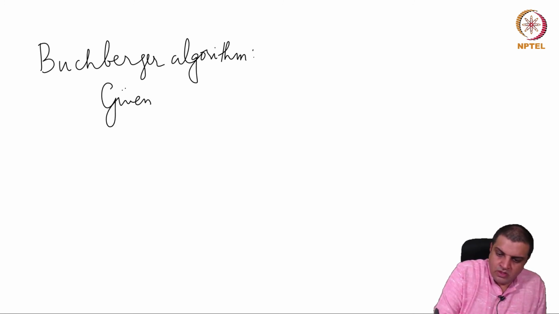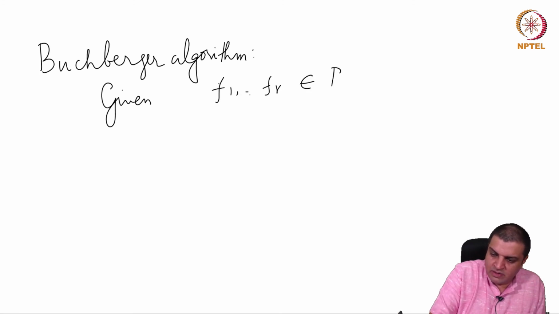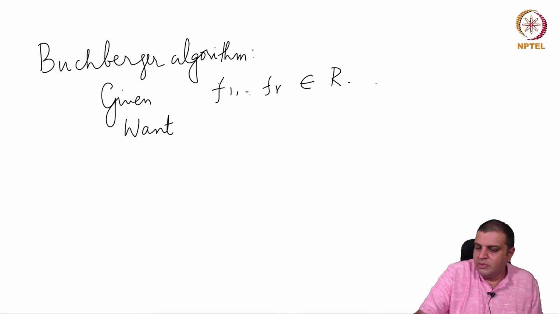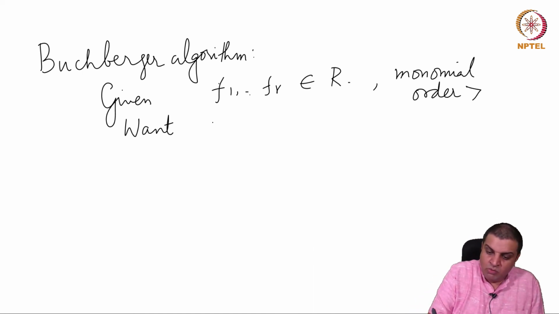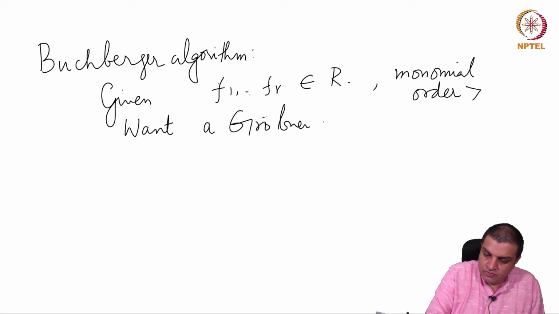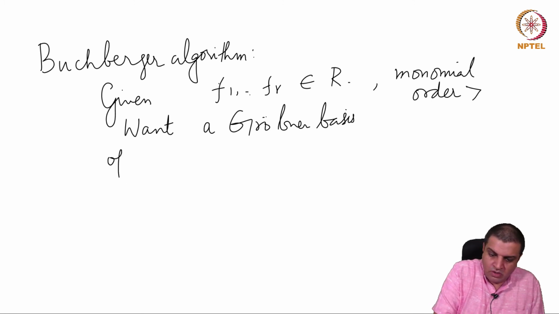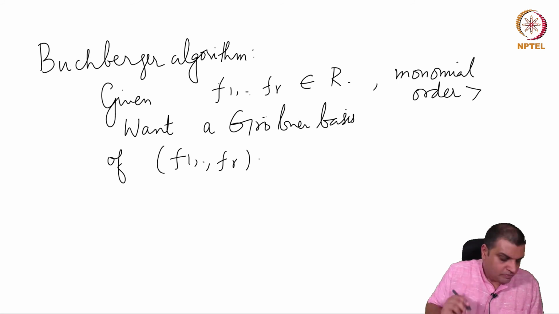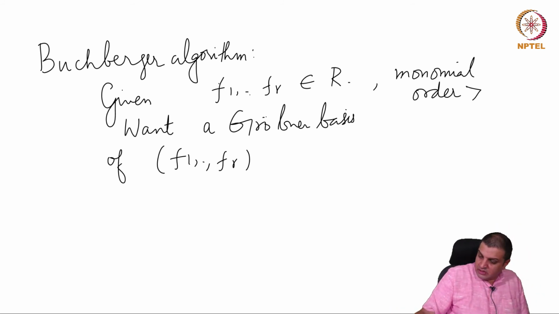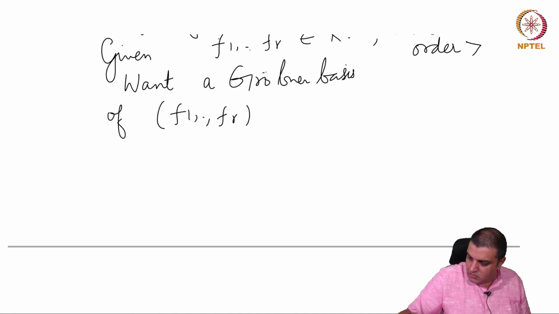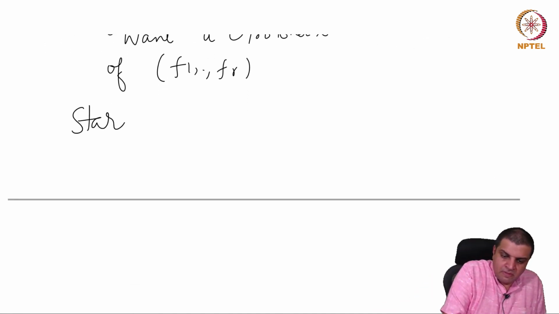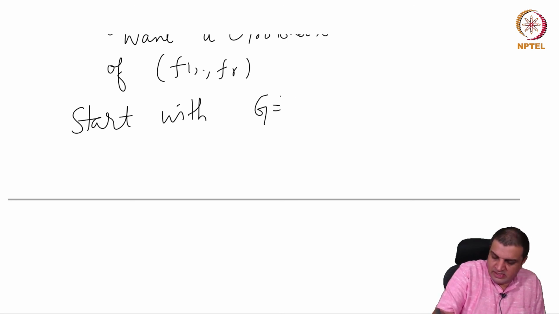Given some F1 through Fr inside R, and a monomial order, we want a Gröbner basis of the ideal generated by F1 through Fr. So we start with G as the set.